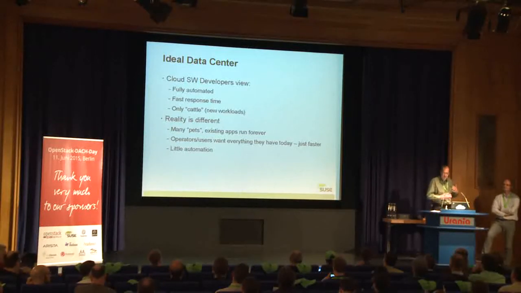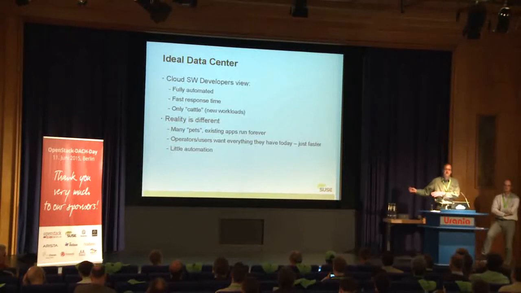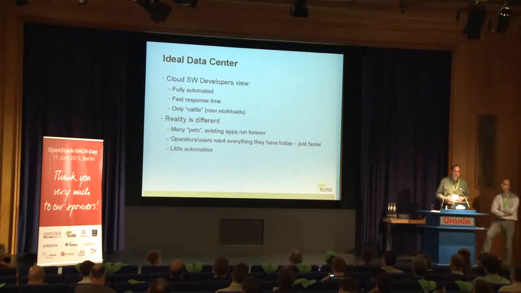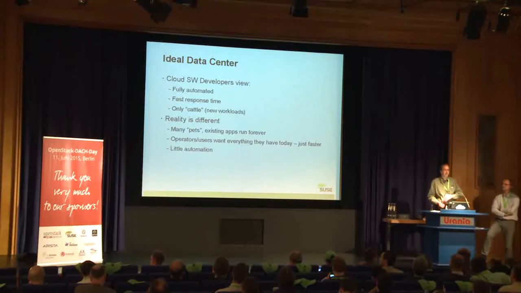And as Mark mentioned, companies might go with OpenStack stepwise to implement it and get it running in their data center, but in the end they most want to have everything running there. So those need to be migrated somehow. And operators and users most often like what they have. So they want all the good things they have, plus faster access to the data center.